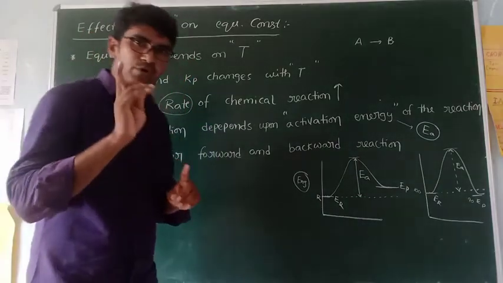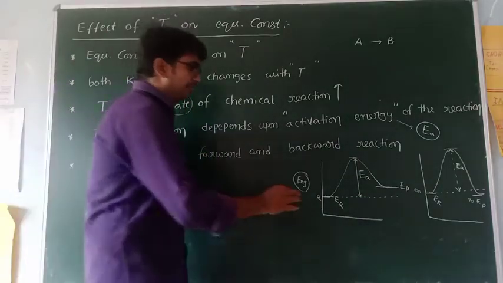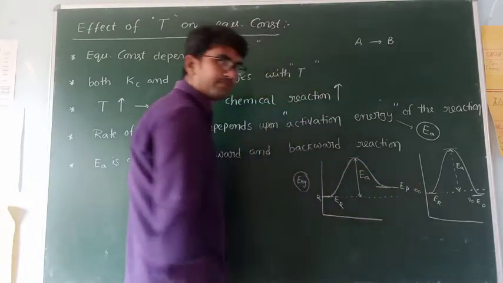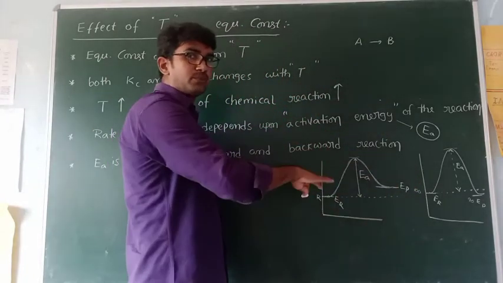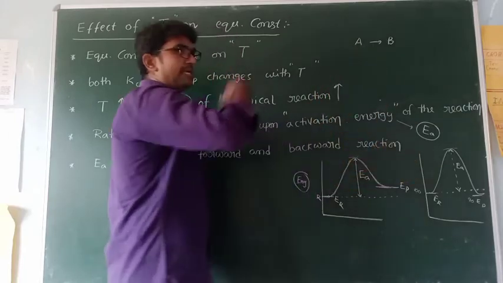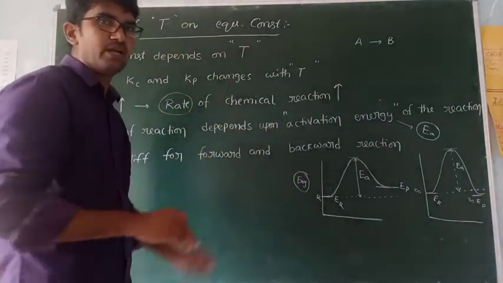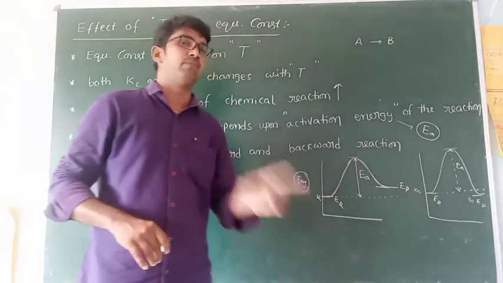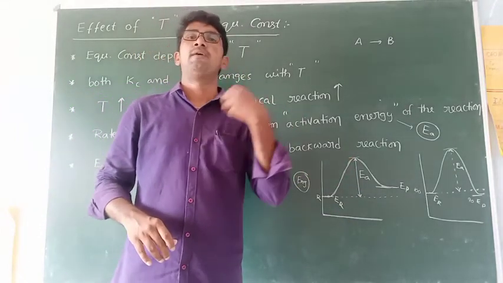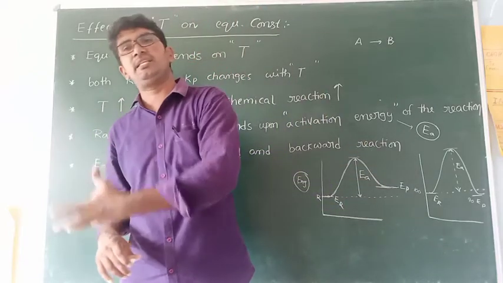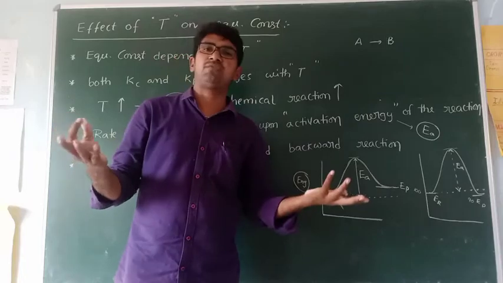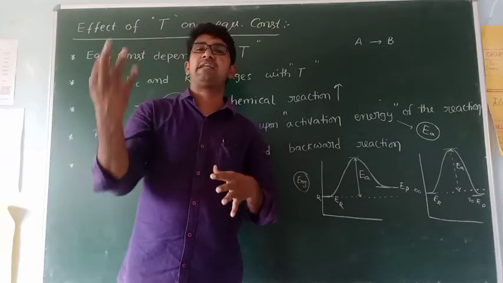And also one more important point. This is the forward reaction, and the reverse one is also possible, which means product to reactant. In this case, we might expect both the activation energies to be the same, but not so, because when products are converted into reactants, there is a chance the activation energy changes.